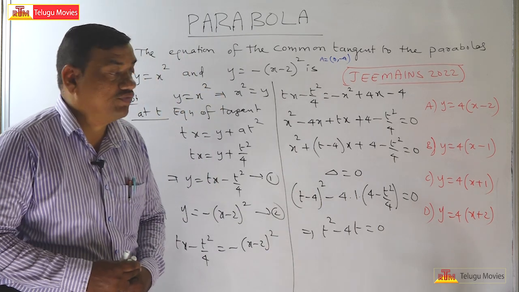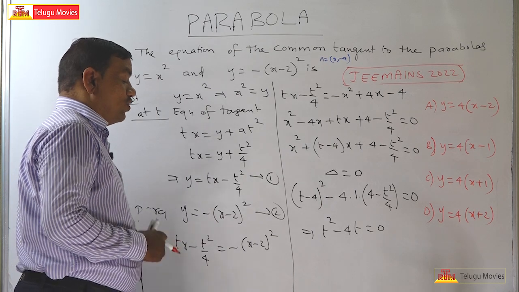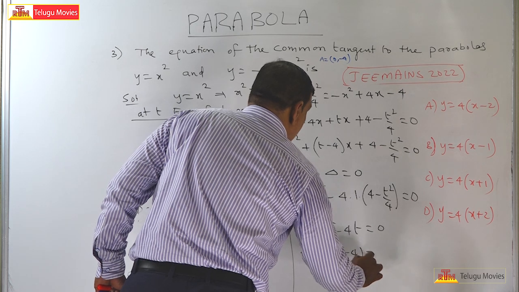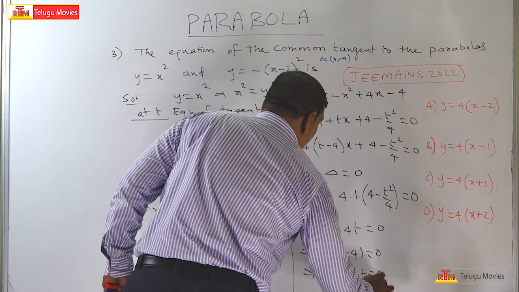If you calculate it, you will get t square minus 4t is equal to 0. So from this, t into (t minus 4) is equal to 0. Either t is equal to 0 or t is equal to 4.